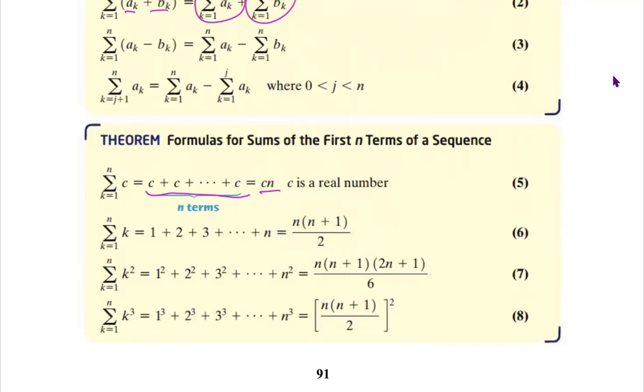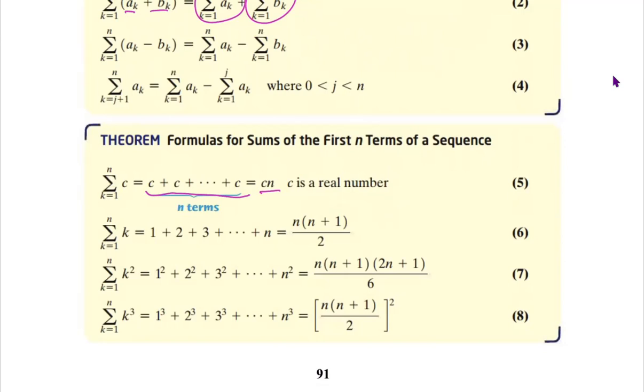So you can use it if you're adding the first n positive integers. It's going to be n times n plus 1 divided by 2.